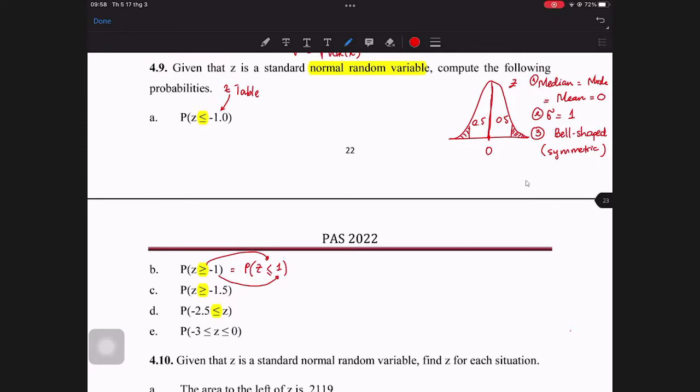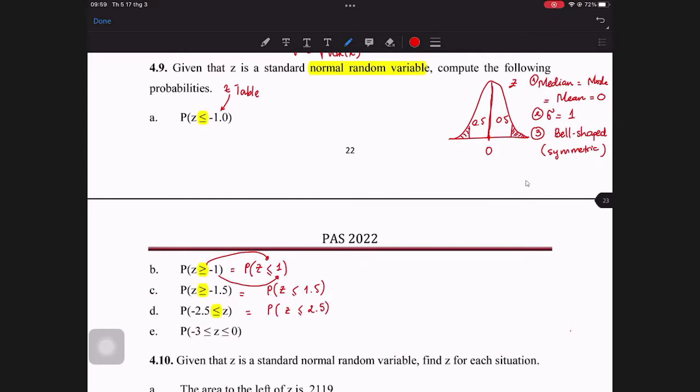So we can easily convert this into something like this. Similarly, when Z is greater than or equal to minus 1.5, we can easily convert it into a smaller one and change the sign, which is 1.5 here. And then you can just do the same for this. P smaller or equal, and then we change the sign here from negative to positive and vice versa.